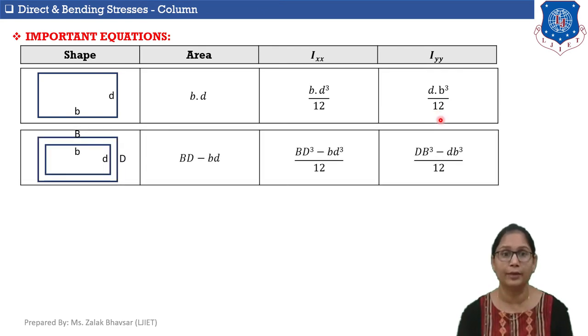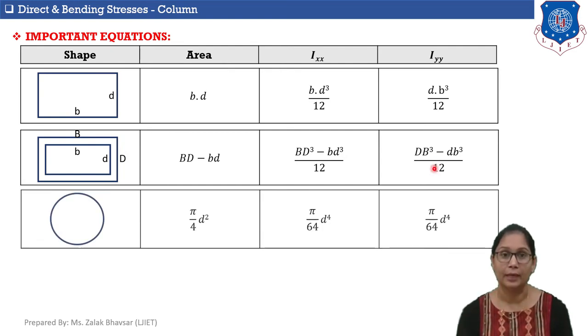Now for a hollow rectangular section, area is equal to capital BD minus small bd. Ixx is equal to capital BD cube minus small bd cube by 12 and Iyy is equal to capital DB cube minus small db cube by 12.